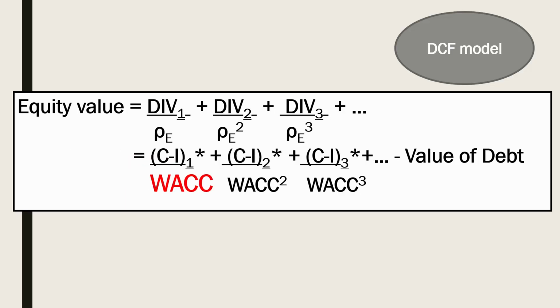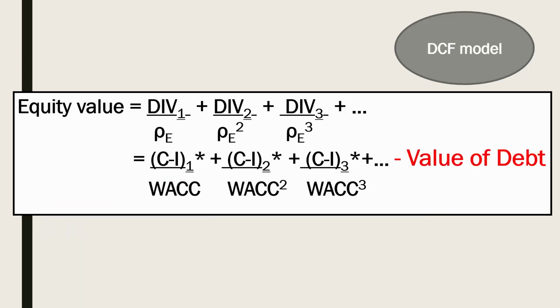So we use WACC, the cost of capital for a firm or for its operations, as the discount rate rather than the cost of equity capital. We do this because discounting a firm's free cash flow gives us the value of a firm's operations or its enterprise value. We then deduct the value of debt to give us the value of equity.